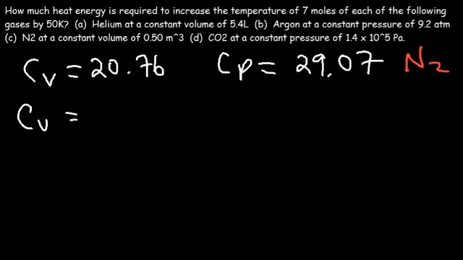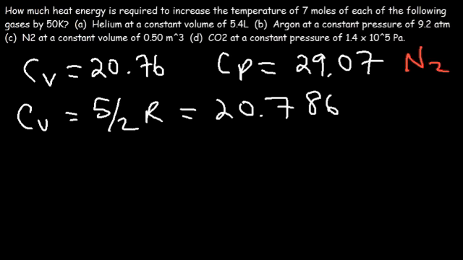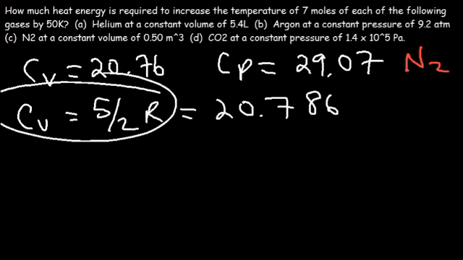So for a diatomic gas, we said Cv is 5 over 2 times R. If you take 8.3145 multiplied by 5 and divided by 2, this is going to give you 20.786, which we calculated earlier. And as you can see, it's not exactly the same, but it's still pretty close. So for monoatomic gases and diatomic gases, you can use these equations to get a good approximation.